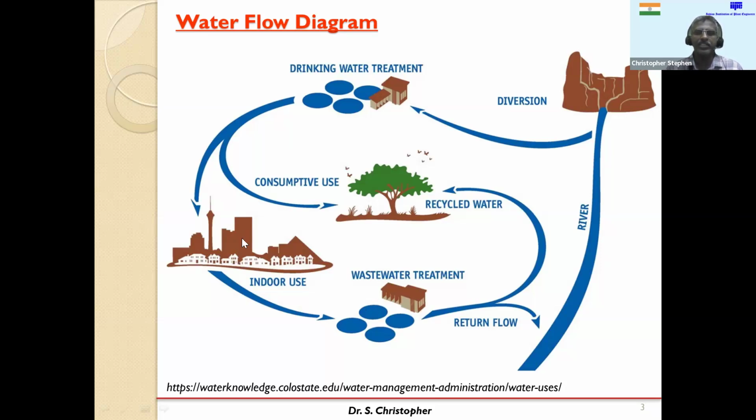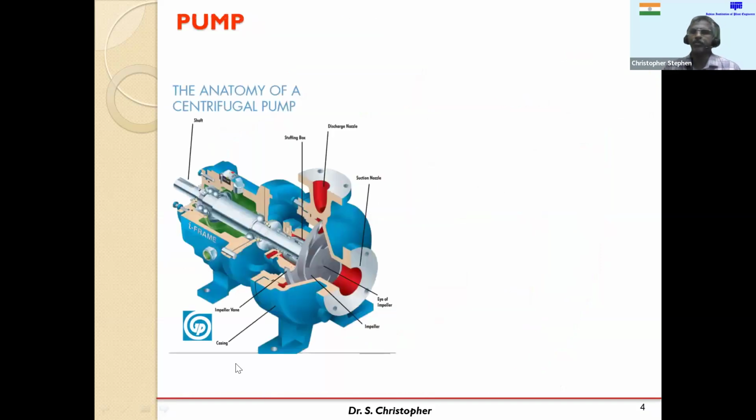After that the water is treated again as wastewater, some is used for agriculture, recycled water is used for various applications, and some is returned to the river. As we all know, if you want to transport water from one place to another, we definitely need a device, which is nothing but a pump.